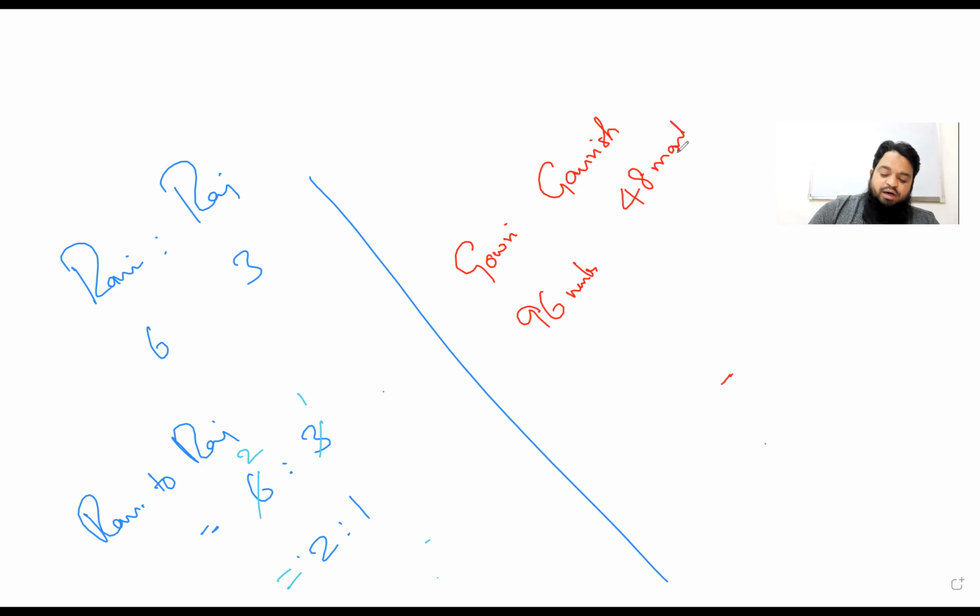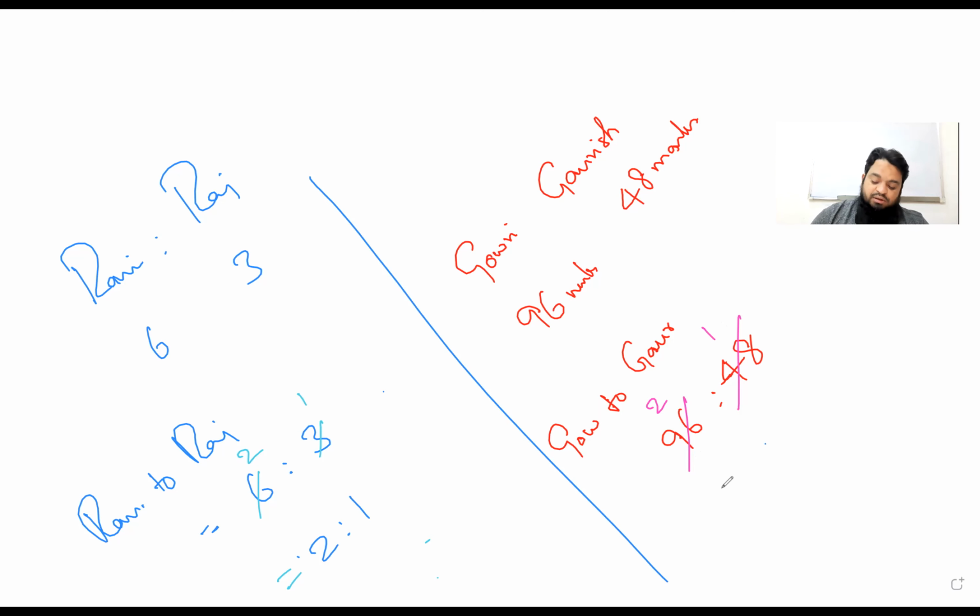Somebody asked you, what is the ratio of Gauri to Gaurish? It is 96 is to 48 marks. We see that 48 is common in both, 48 one times is 48 and 48 twos are 96. So this can be written as 2 is to 1.